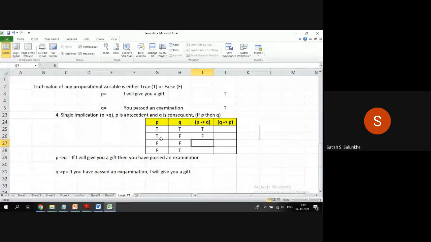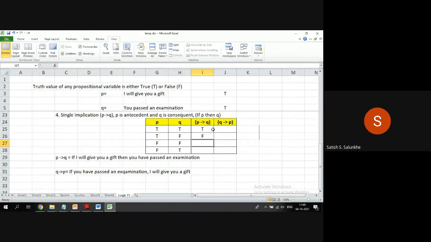If P is false, that means if I will not give you a gift, then you have not passed an examination. So it is satisfying the P implies Q property. That means P implies Q is violated only if the antecedent is true and the consequent is not true.